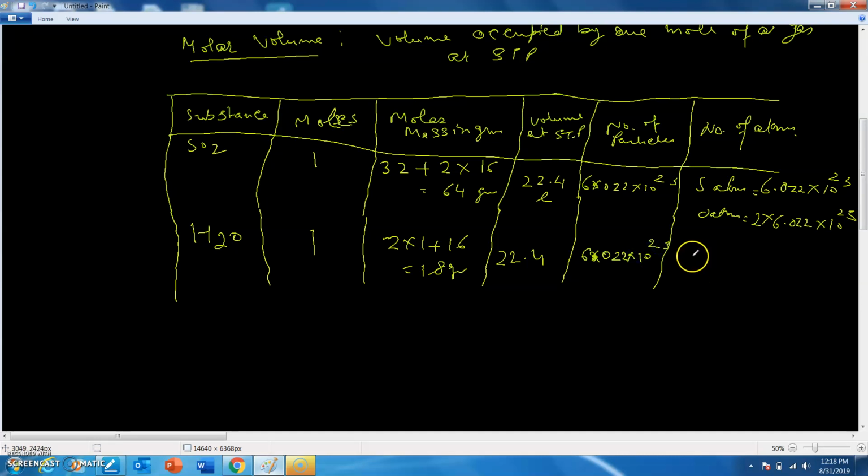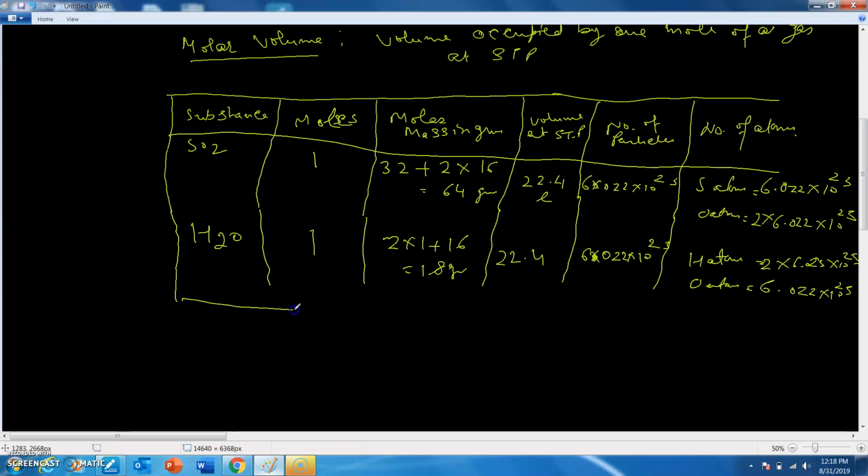Number of atoms: H atom is 2, so we multiply 2 into 6.022 into 10 raised to power 23, and oxygen atom is 1, so only 6.022 into 10 raised to power 23.